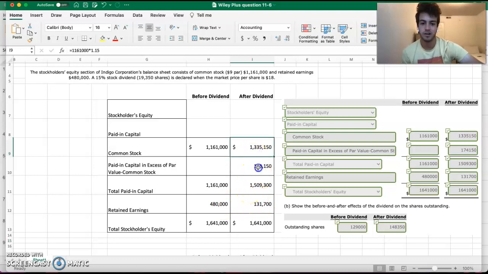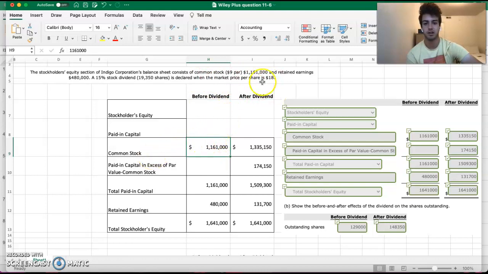If you'll notice, where all the answers of after dividend are, there are formulas showing how I solve these problems. I'll be explaining how these formulas work and how you can find these answers. First of all, before dividend, all the information we can find just through the question alone.